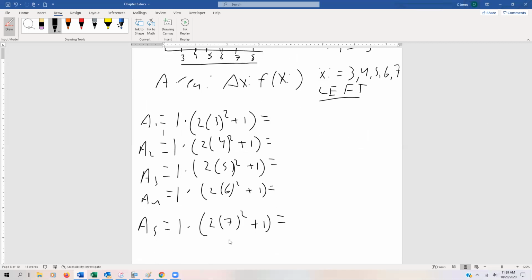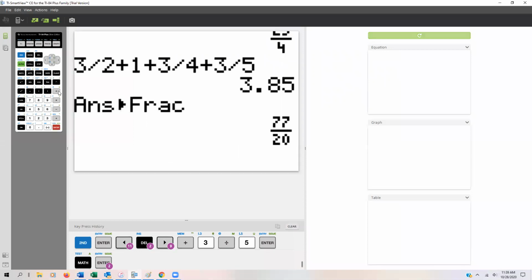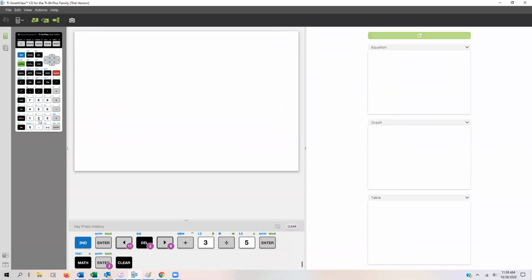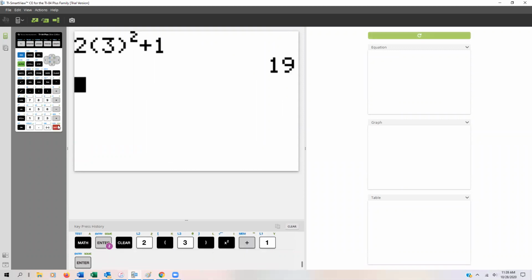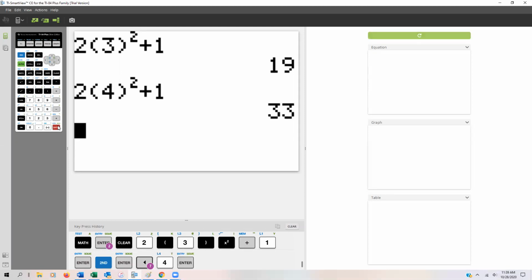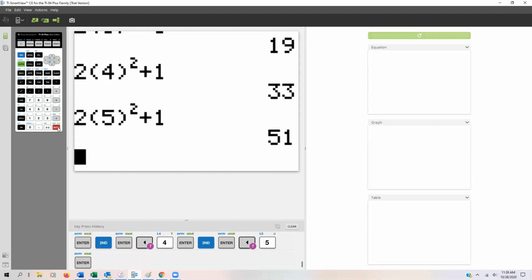Here's a trick: we can go into our calculator. The first one is 2 times 3 squared plus 1. Then we hit second enter and just change it, hit a 4 in there, second enter, and do a 5. That way we don't have to worry about making a typo.